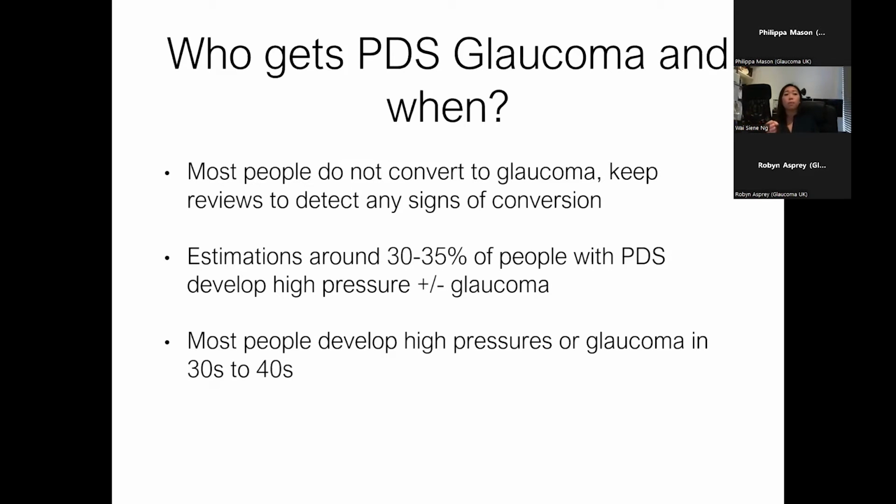So it's extremely important that if you have been diagnosed with pigment dispersion syndrome, we need to get our annual eye glaucoma examinations to detect high pressure or glaucomatous damage. This is because, as with every other disease, the earlier we catch it, the earlier we can treat it. It's much like it's easier to stop a horse that's at a trot than one that is galloping full speed ahead.